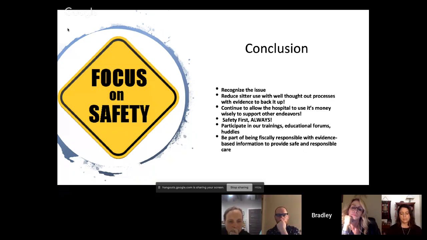Of course, it's always going to be safety first. That is certainly one of the biggest important pieces. But I hope that the staff at the hospital will participate in the trainings, participate in the education, certainly staff huddles. But mostly, we want to make sure that we're being fiscally responsible with the evidence-based information to provide safe and responsible care.